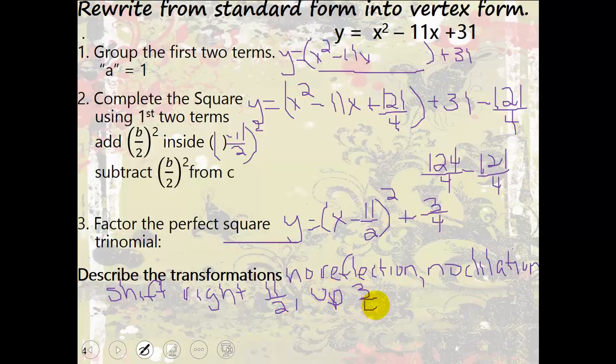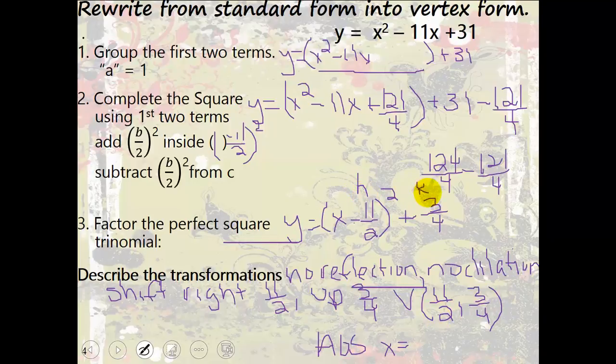So my vertex is 11 halves, 3/4. And my axis of symmetry, x equals whatever h is. This is h and this is k. Look, the opposite of 11 halves, a positive 11 halves, the same sign as k. So this is h and k.